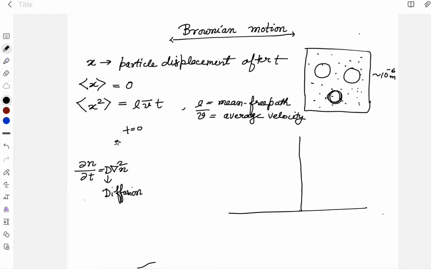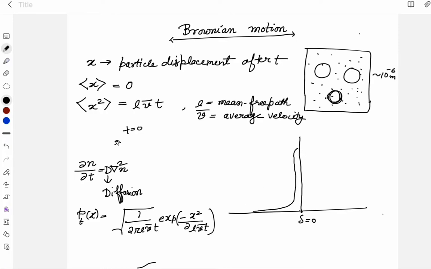The probability density function, due to the central limit theorem, was P(x,t) = 1 over square root of 2 pi l v bar t, exponential minus x square by 2 l v bar t. So the particle started at t equals 0 with a delta function. Then slowly with time it spreads out, so the width of the delta function increases.